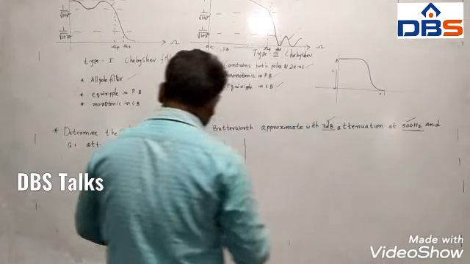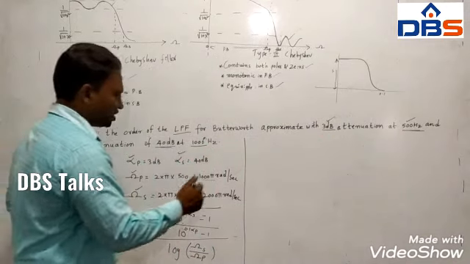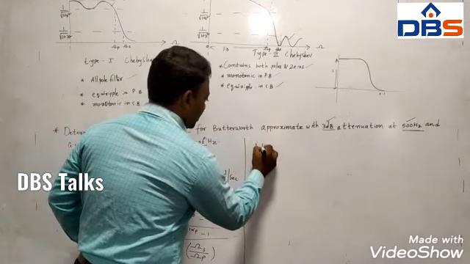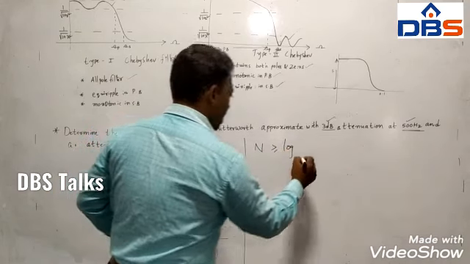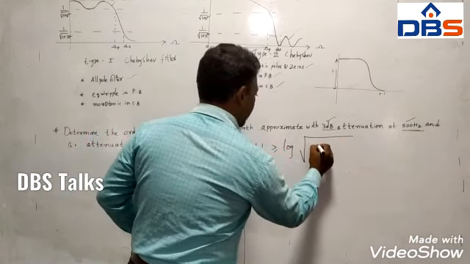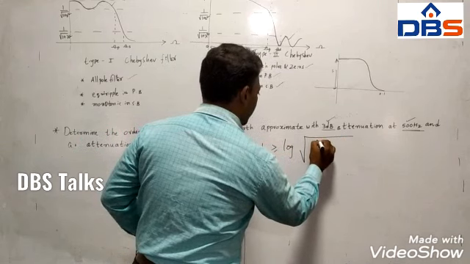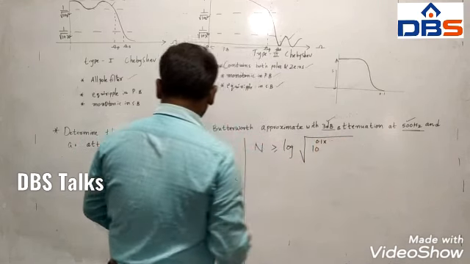Now we substitute all these given values in this equation. So n is greater than or equal to log of the square root of (10 power 0.1 into alpha s, what is alpha s?